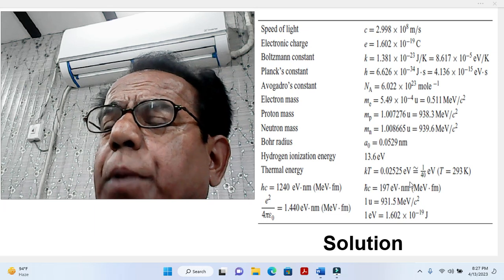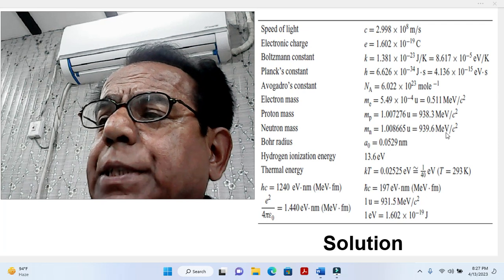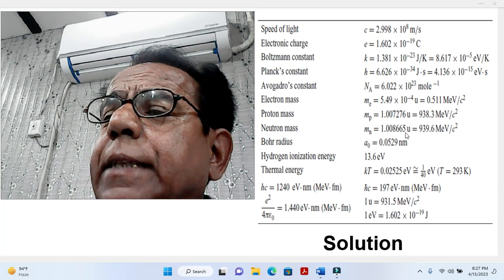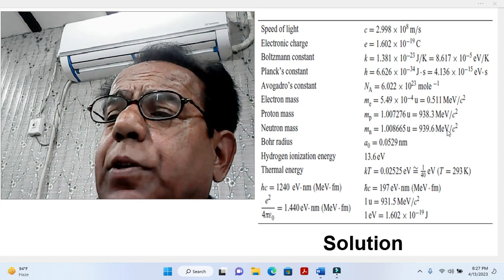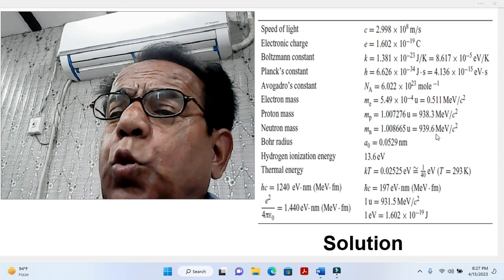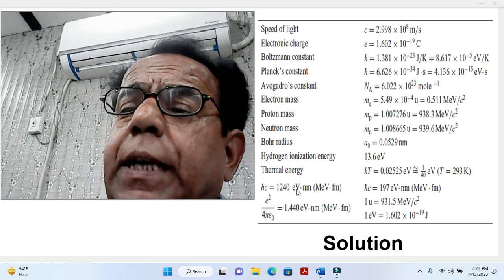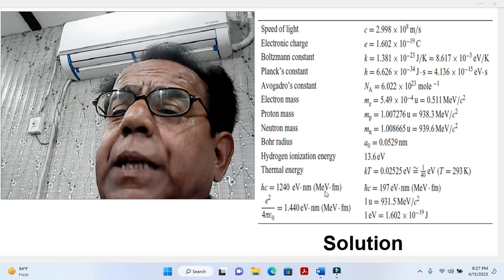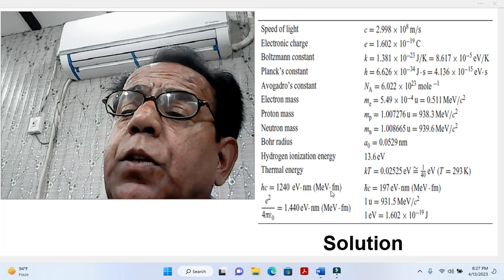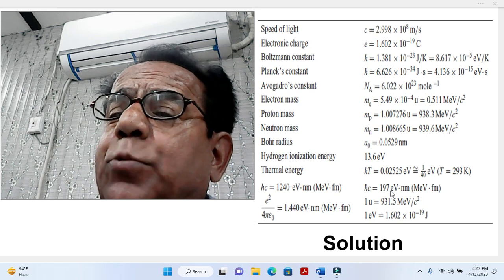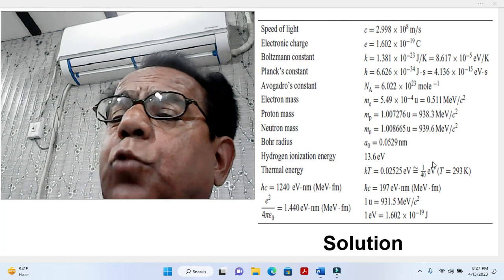Moreover, neutron mass mn equal to 939.6 MeV over c square is once again given. Combined value of hc is also given as 1240 electron volt nanometer or million electron volt femtometer. h cut c is also given as 197 electron volt nanometer or million electron volt femtometer.